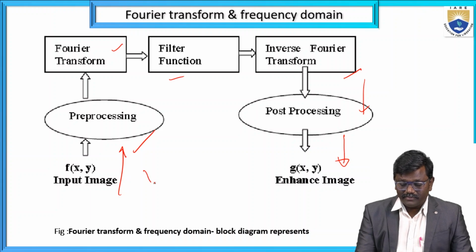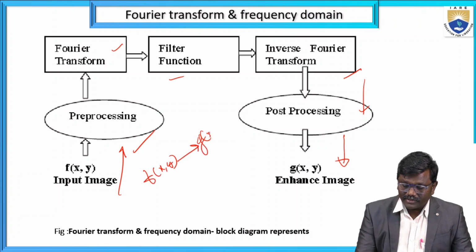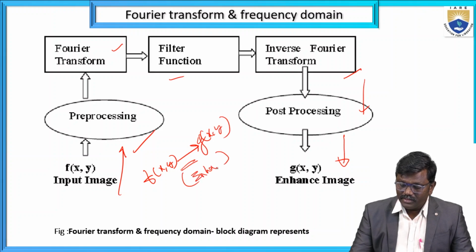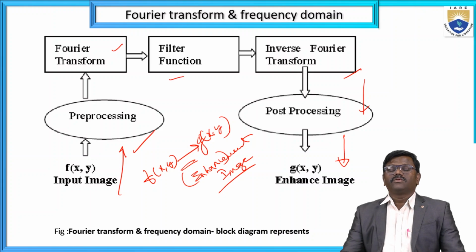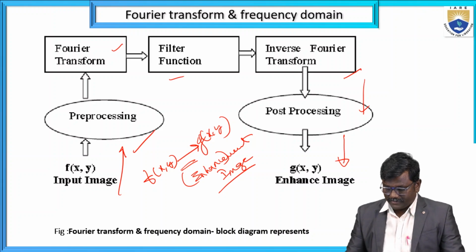That is simply, f of x comma y is converted into g of x comma y. What is the meaning of this conversion? It is enhancement. The use of this image enhancement is that it helps us with restoration applications.